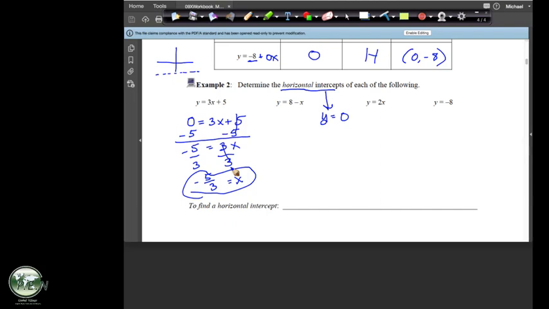So as you go through these, just go ahead and skip all the horizontal intercepts. Two weeks from now, when we're reviewing for the final, come back and practice with them. But for now, let's just focus on vertical intercepts and slope. Because if you get that understanding, vertical intercept is right on that y-axis, plot it, use the slope to get another point. That's what this is all about.